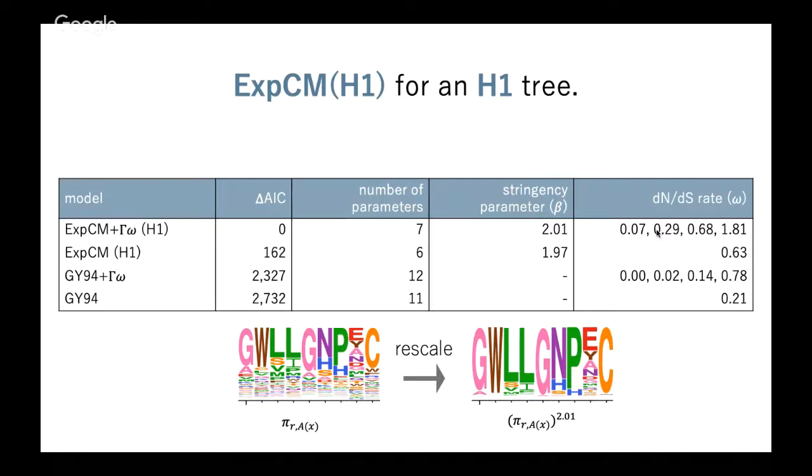Sure. Have you also considered accounting for rate variation among sites with a gamma distribution, and could that play a role in these preferences? Sorry, can you say that again? Variation in the rate of substitution across sites. Is there any suggestion that that also might make a difference here?